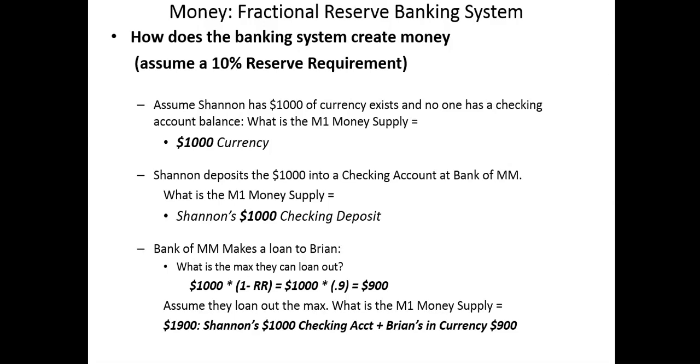The money supply is now $1,900. Shannon's $1,000 checking account balance and Brian's currency that he just borrowed from the bank. Magic. Bank of MM just created, or the banking system in total, but in this case the Bank of MM, created $900 of new money.